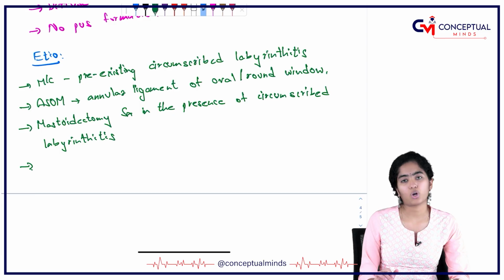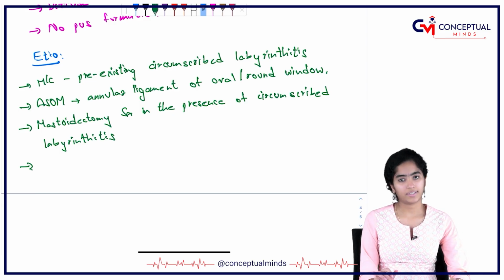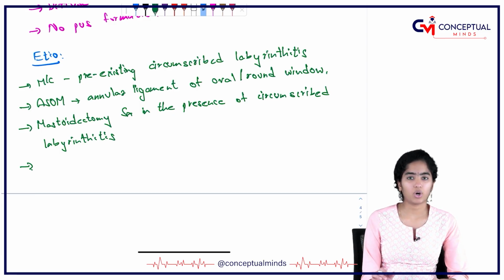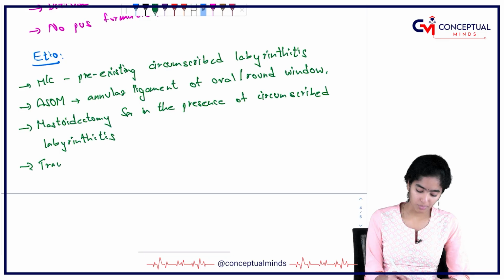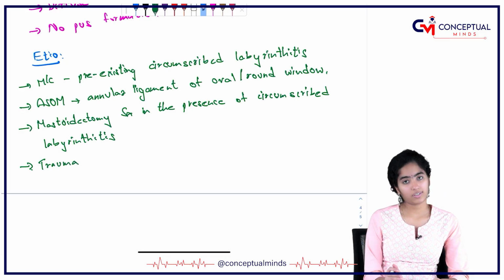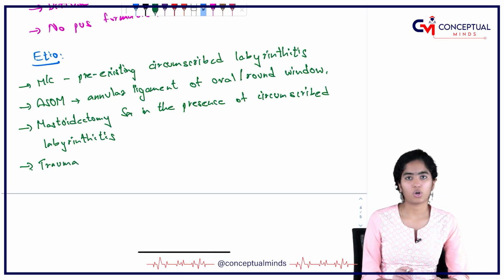This can even follow surgeries of the inner ear such as stapedectomy or any fenestration operation. And finally, trauma also can cause it. Trauma, be it surgical trauma or any accidental trauma.